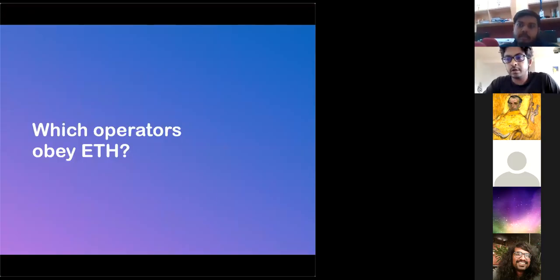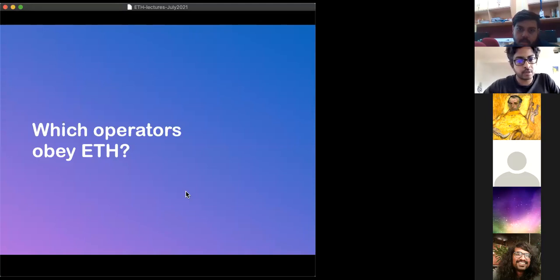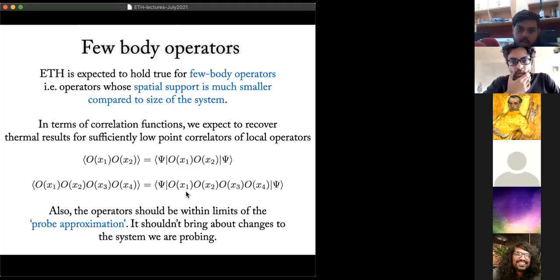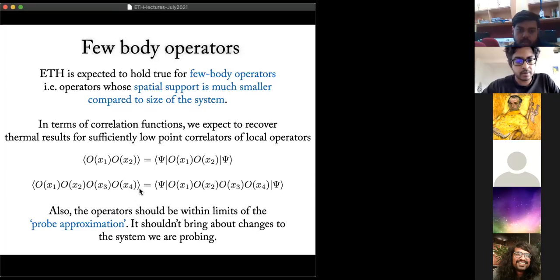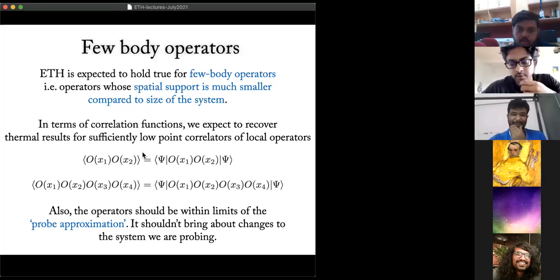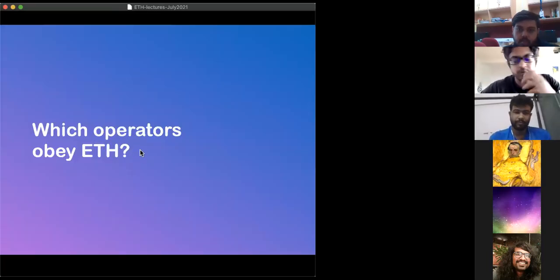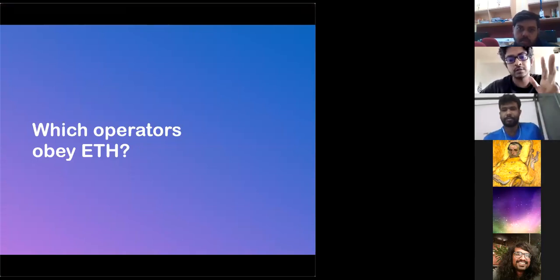Okay, so now we come to a discussion of which are the operators that obey ETH. I think I have around 20 minutes left. I wanted to discuss this part about which operators obey ETH, and also discuss integrable systems a little bit.